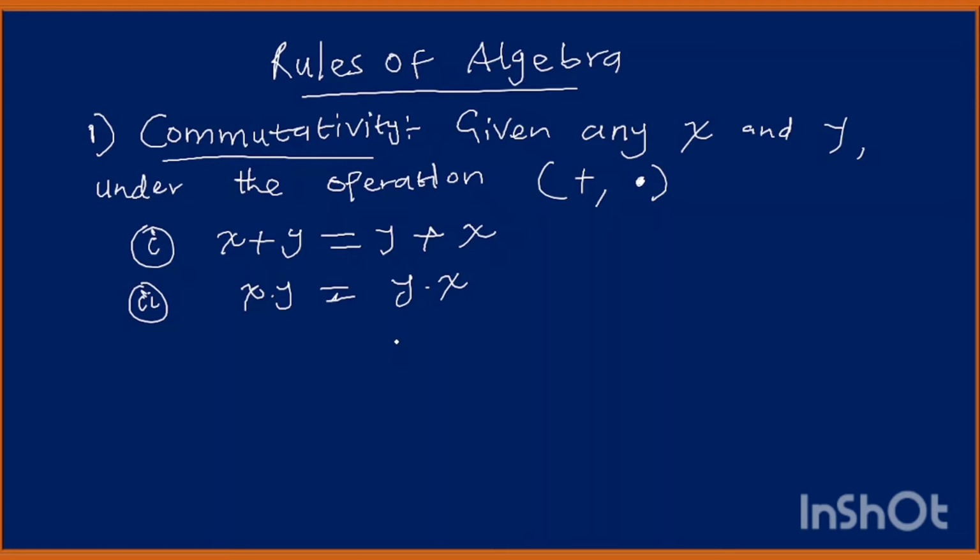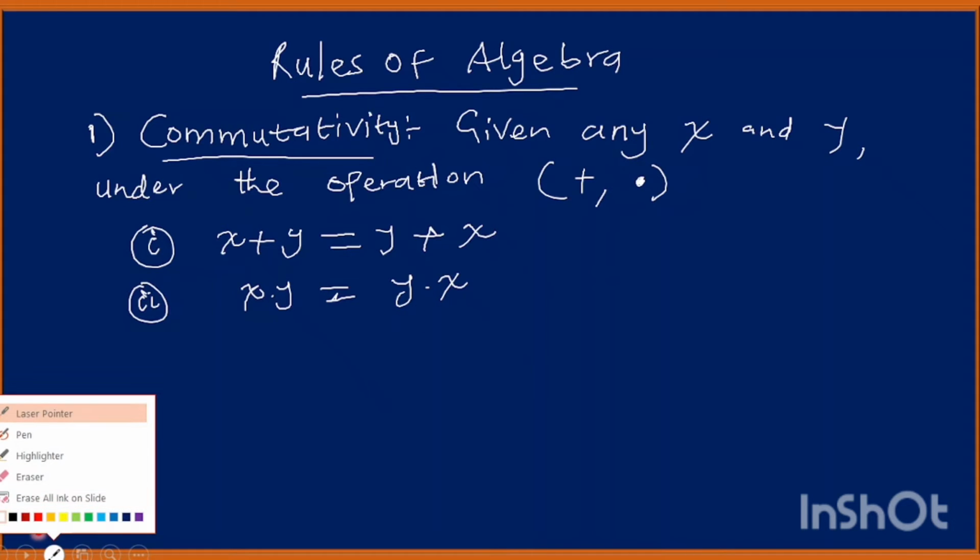So what is this actually trying to tell us? It's letting us know that if I pick two numbers, x and y, any numbers of our choice, then x plus y is equal to y plus x, and x multiplied by y is also equal to y multiplied by x.